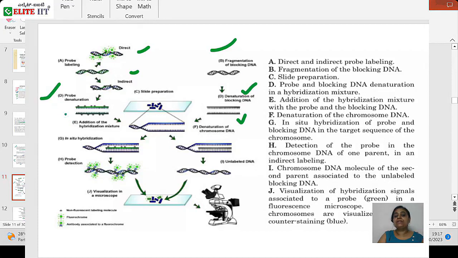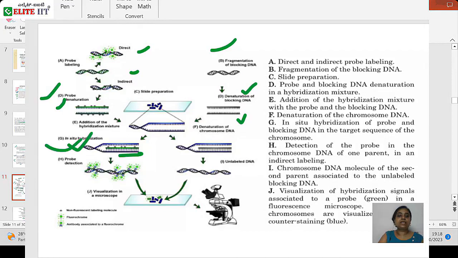Now you have added the probe which is labeled with the fluorescent compound, and simultaneously you have to add the blocking DNA. These two you have to add. This is the genome sequence which is present, the hybrid sequence, if you are trying to identify which hybrid is there. The probe will bind with the complementary sequence here. This is the probe binding.